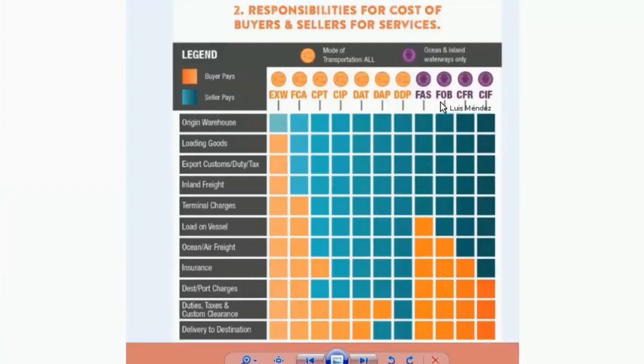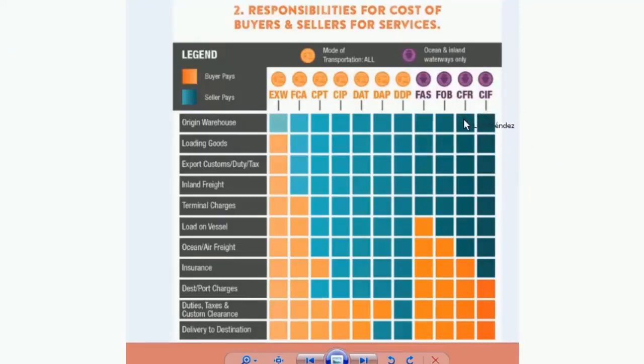Then we have the FOB, which means that the seller is going to pay from origin warehouse up until load on vessel, and then from ocean and air freight up until delivery to destination is going to be paid by the buyer.